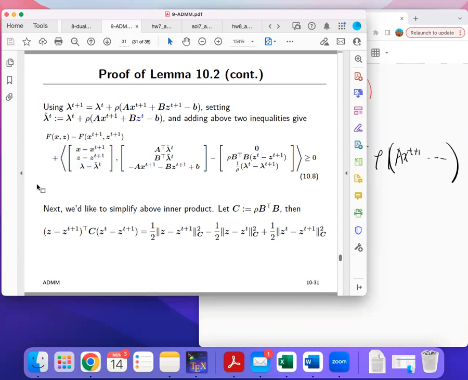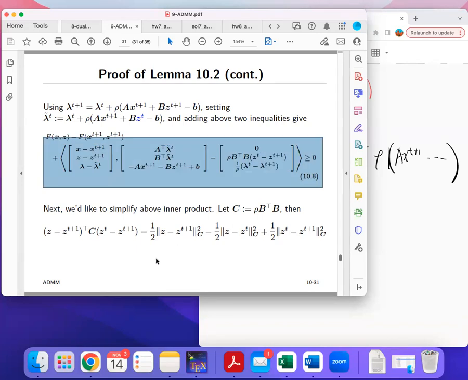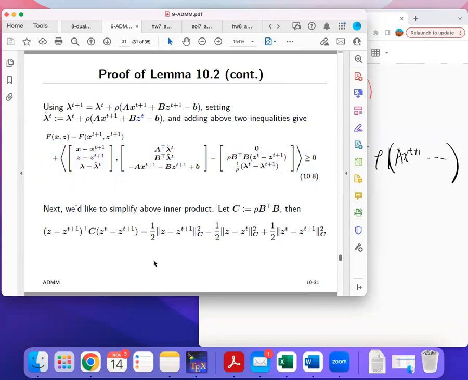So next, we would like to simplify this inner product. Okay, still looks complicated. And first of all, we have this observation.